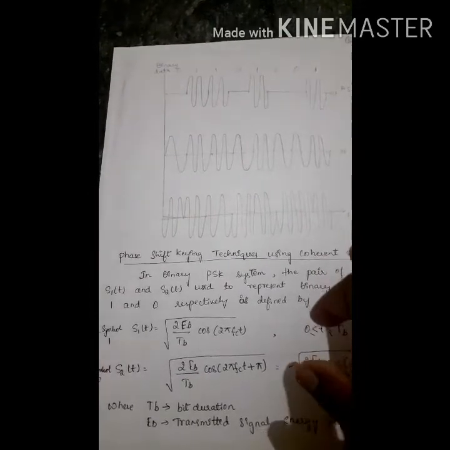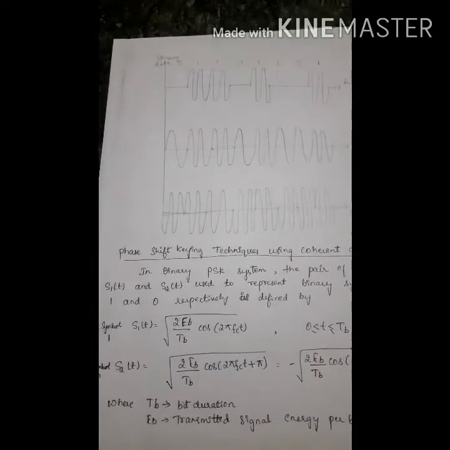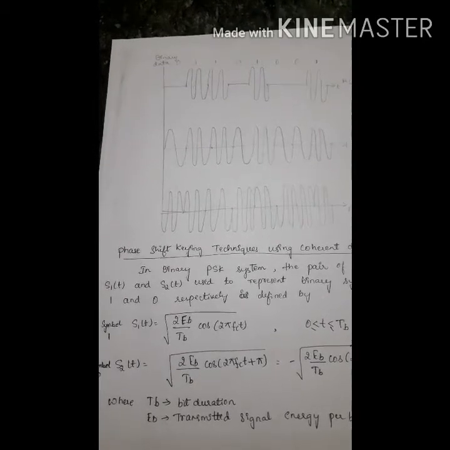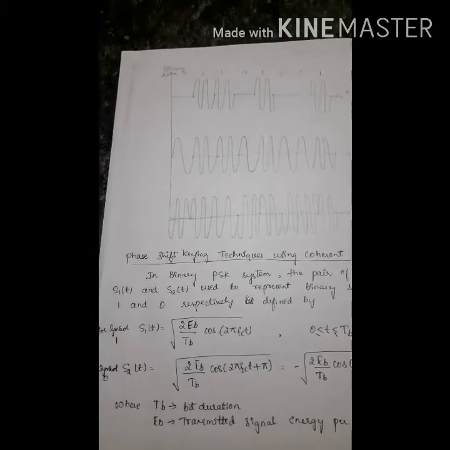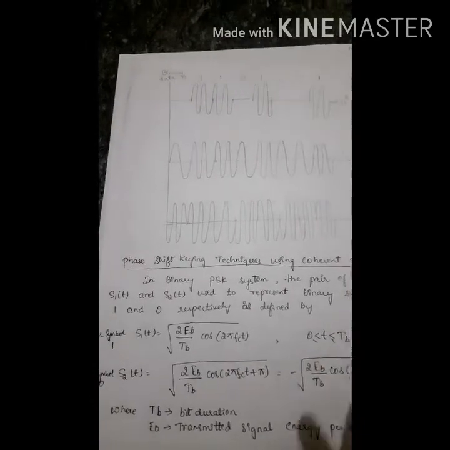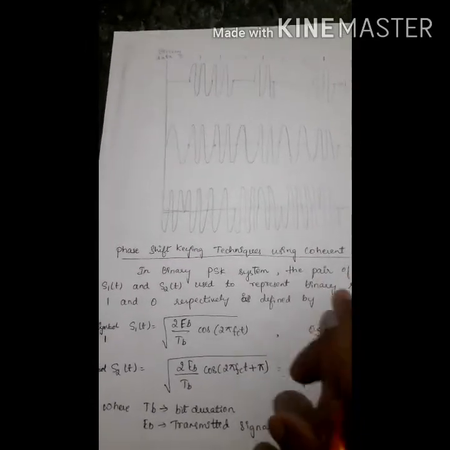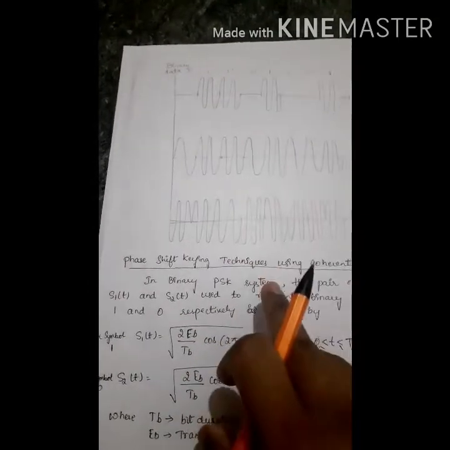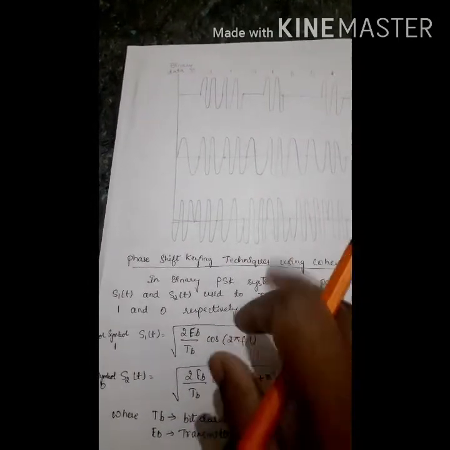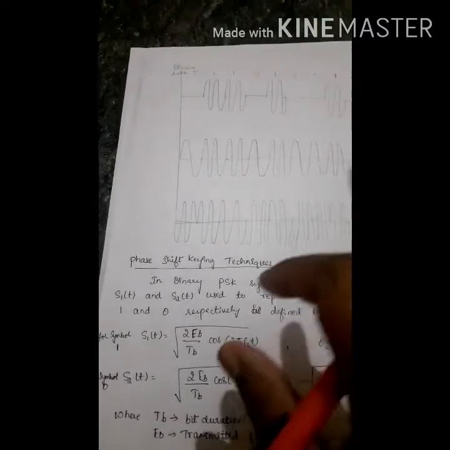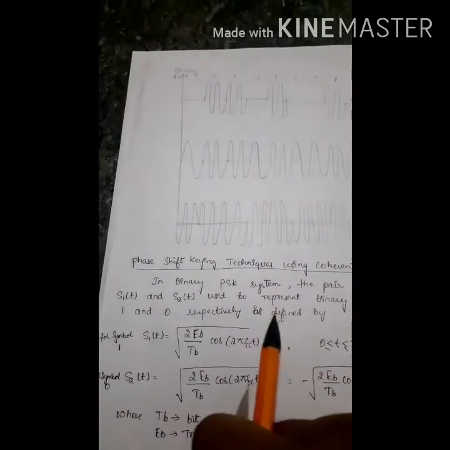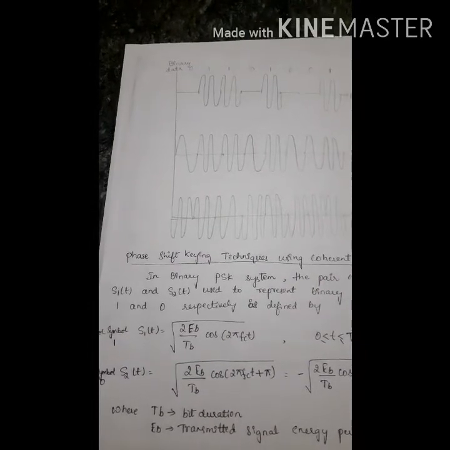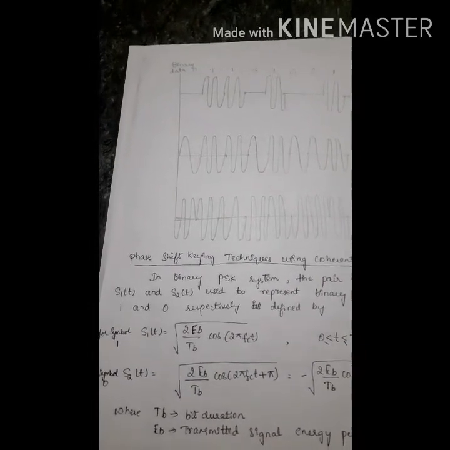In the coherent receiver, the main difference is that a local reference of the transmitted signal must be available. That is, we use the carrier phase reference as a reference in coherent detection. The same local oscillator used at the transmitter side is also given at the receiver side.